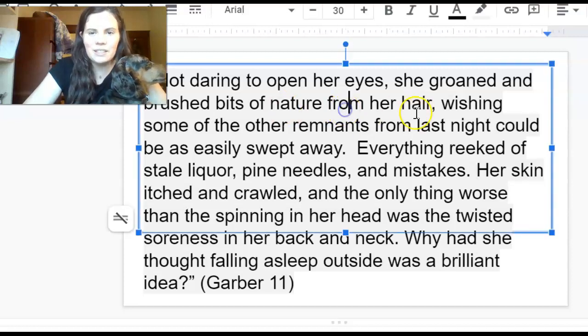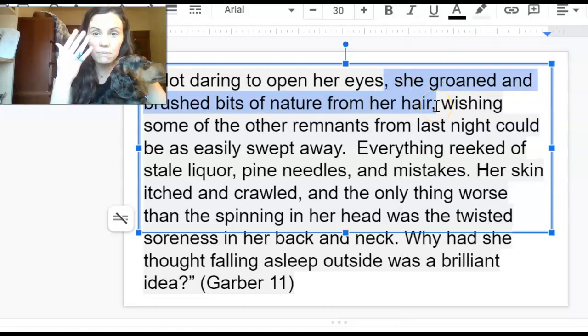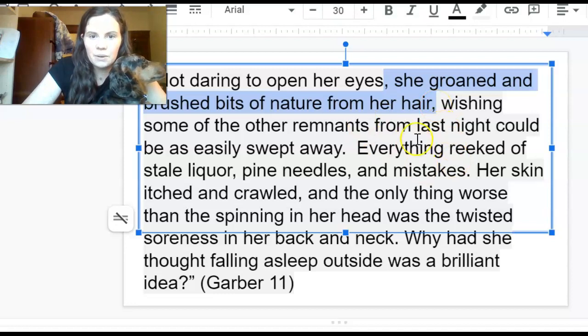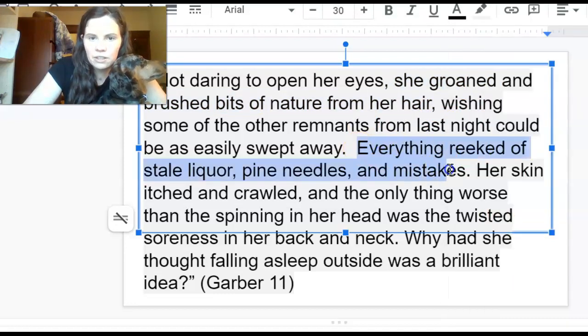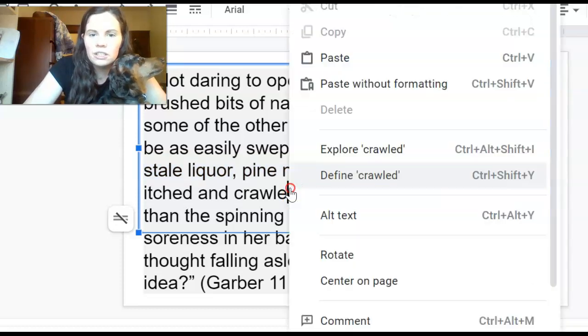So we've got a little bit of kinesthetic imagery here in she groaned and brushed bits. We've seen body movement, right? Then we've got our olfactory imagery. Everything reeked of stale liquor, pine needles, and mistakes. Then we've got tactile imagery. Her skin itched and crawled.